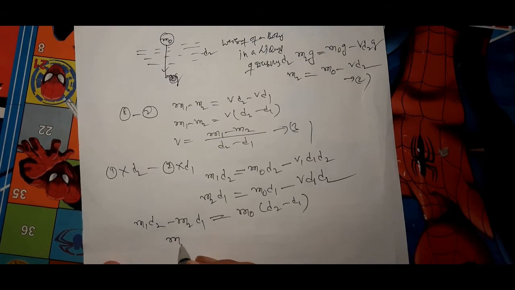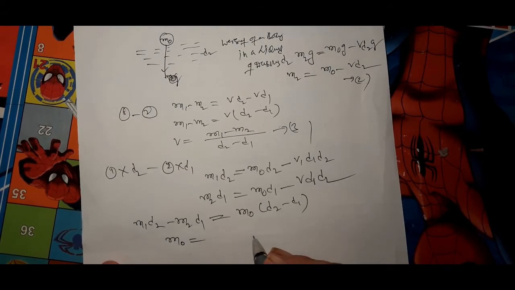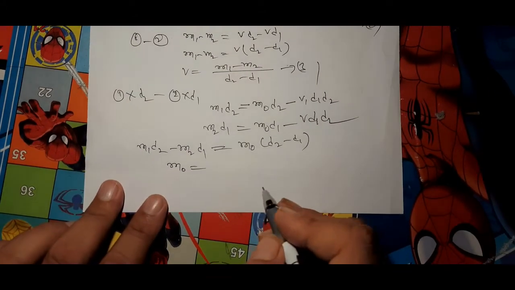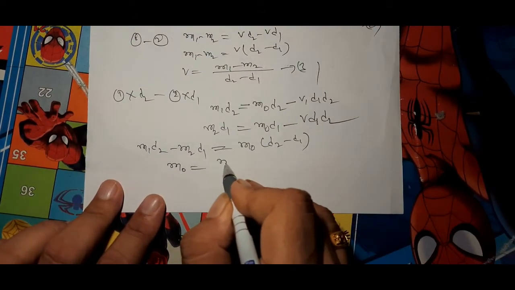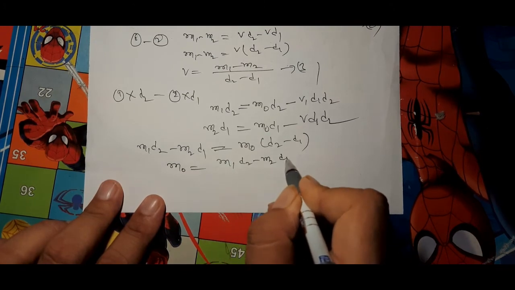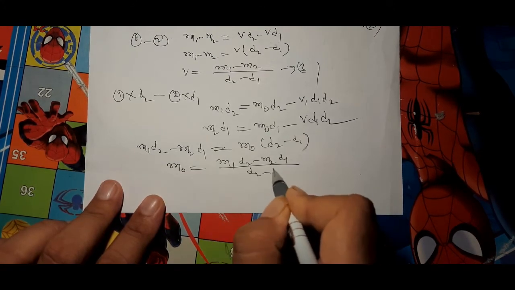Now we get m0 is equal to m1 d2 minus m2 d1 divided by d2 minus d1.